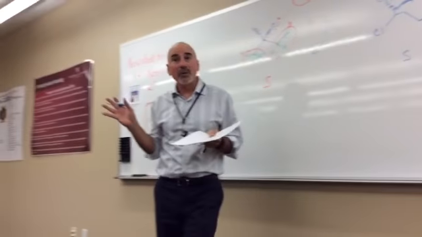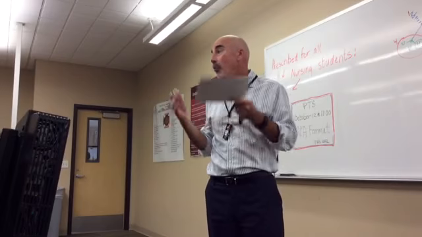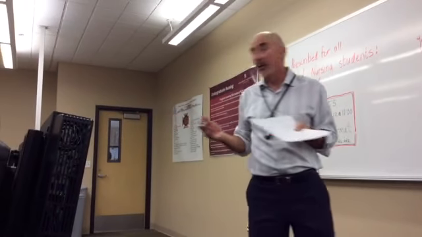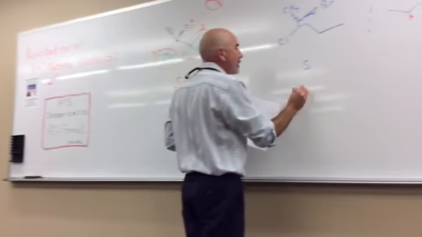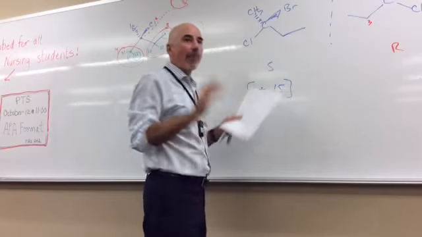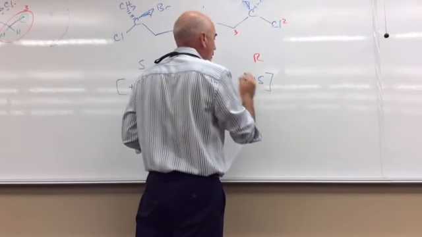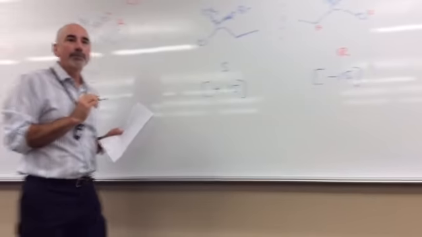It doesn't have to rotate light left. It doesn't have to rotate light right. But it will rotate light some direction. So let's say it is a plus 15. I just made it up. I don't know what it actually is. Then this one will be a minus 15.